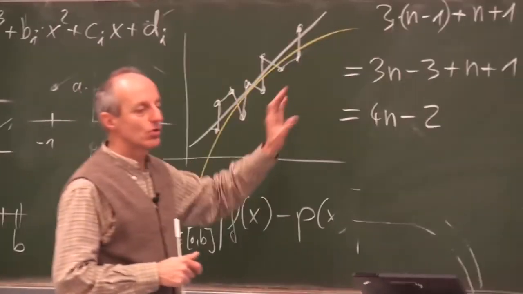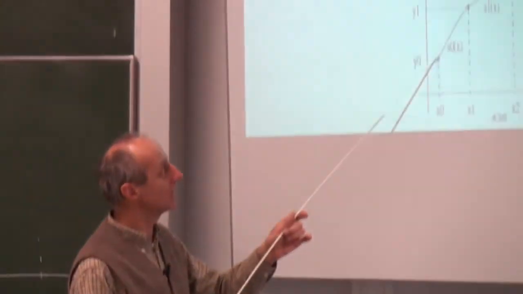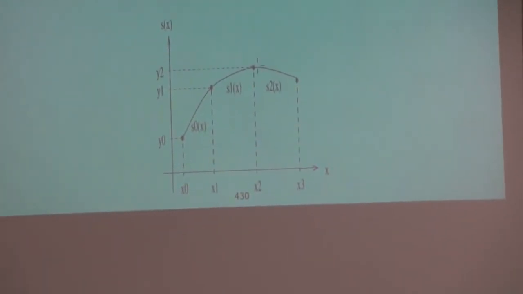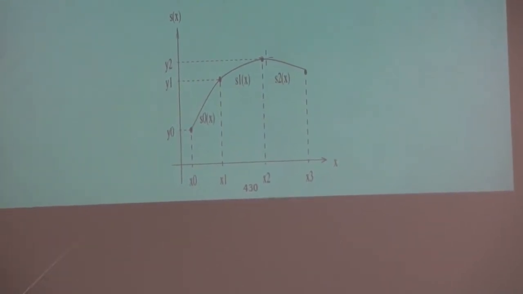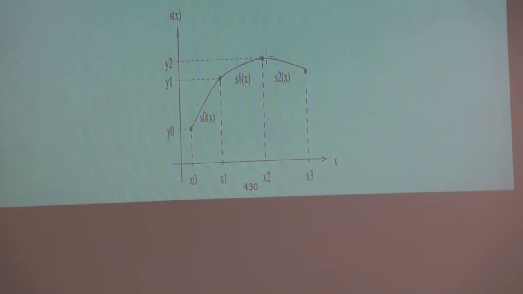And why are these 2 requirements missing? This is due to the margins. Here on the margin I don't have the condition and here. And now typically we add 2 requirements about these margin points. And the simplest additional requirements, that's what we call the natural spline, is we want to have the second derivative here to be 0 and here to be 0.